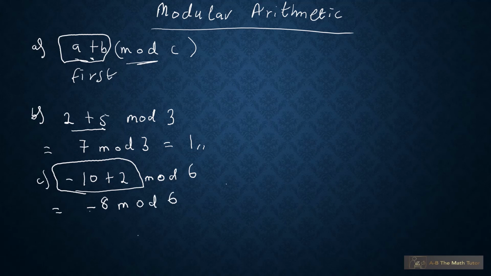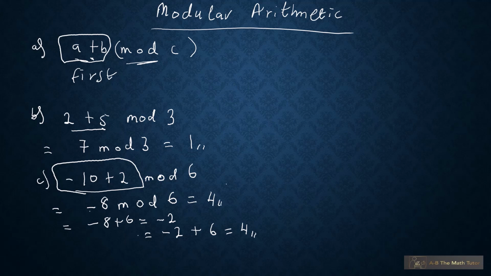So you keep adding. So you have negative 8 plus 6 is equal to negative 2. Then you add negative 2 to another 6. You have positive 4. So now you have a positive number. And so the final answer would be 4.